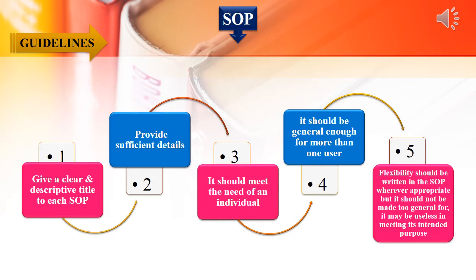It should be general enough for more than one user. Flexibility should be written in the SOP wherever appropriate, but it should not be made too general, for it may be useless in meeting its intended purpose. The guidelines are continued in the next slide also.